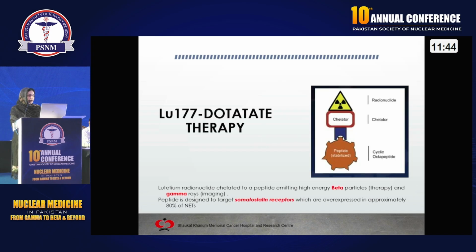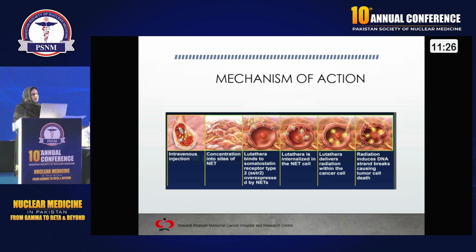Talking about lutetium dotatate therapy, the lutetium radionuclide is chelated to a peptide, emitting high energy beta particles and gamma rays, and it's designed to target somatostatin receptors, which are overexpressed in approximately 80% of neuroendocrine tumors. What is the mechanism of action? It's given intravenously, concentrates in the sites of neuroendocrine tumors, binds to type 2 receptors, and is internalized and emits the radiation.